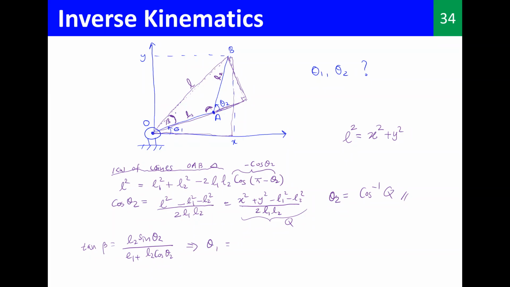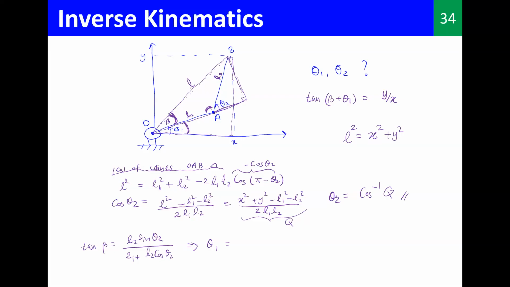okay, this is only beta. Now we are looking at this theta 1. For theta 1, we know that beta plus theta 1, that whole thing, is y over x.